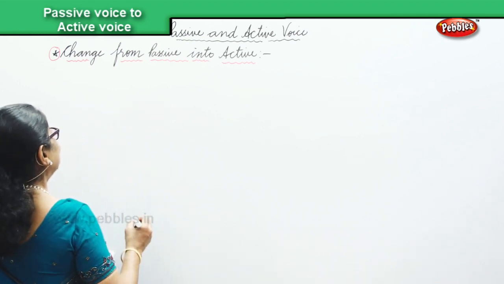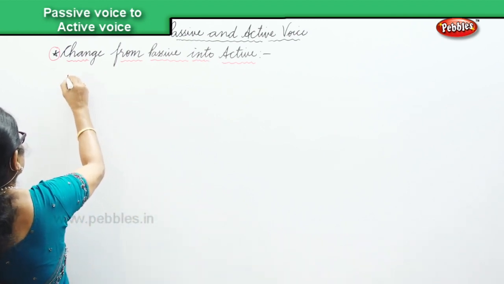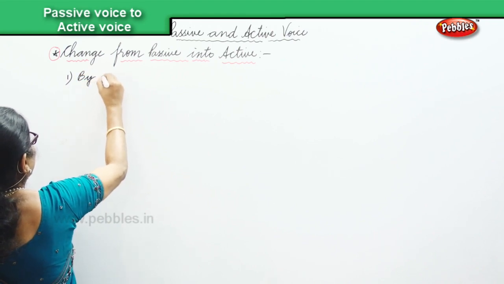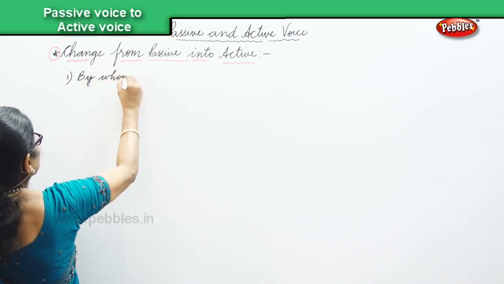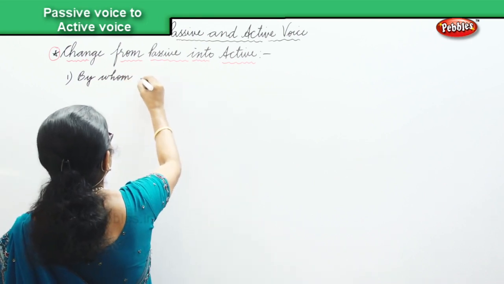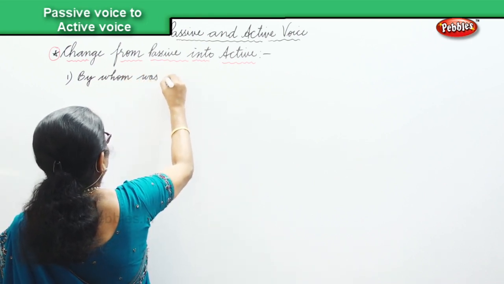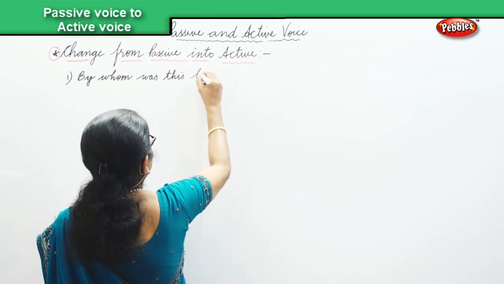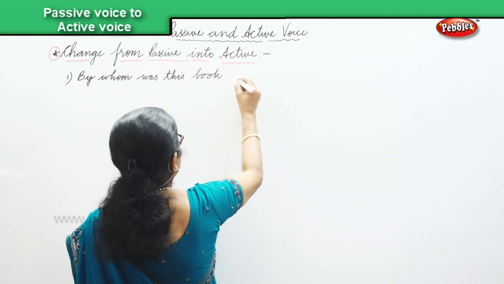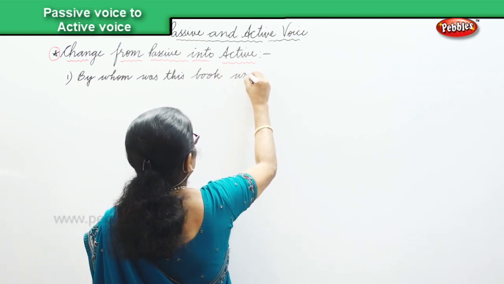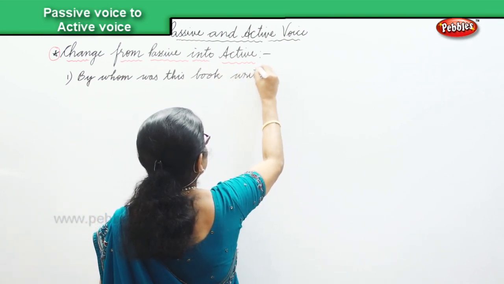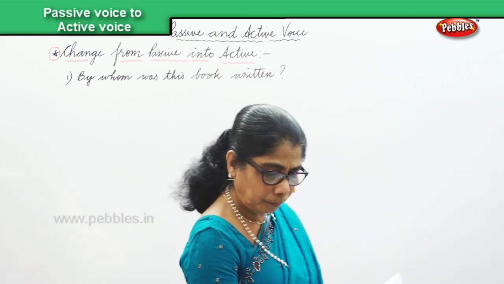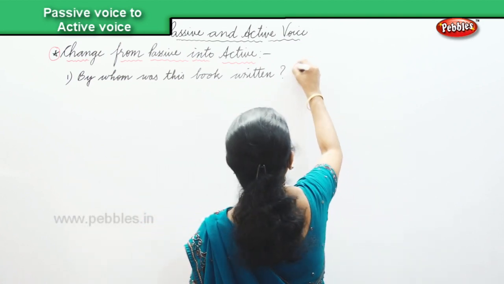So the first one is: by whom was this book written? And that's the passive voice.